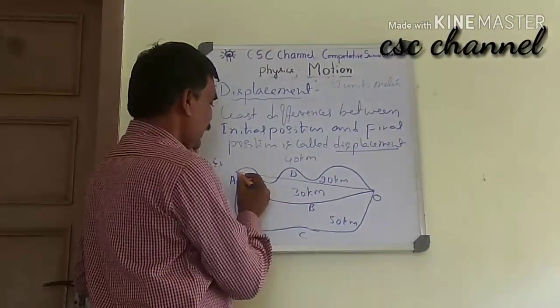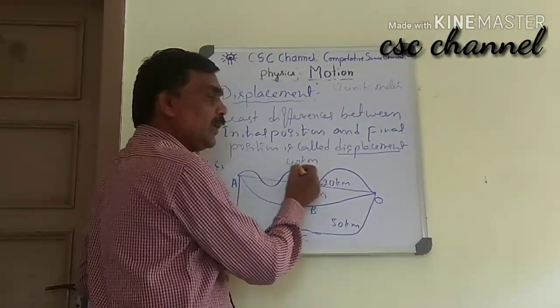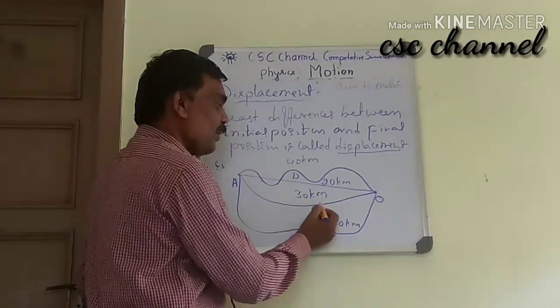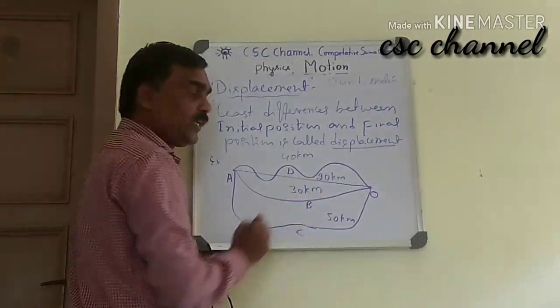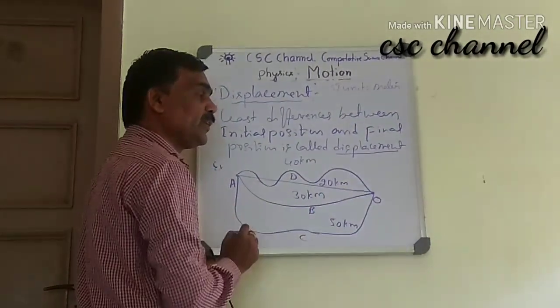For example, A travels 40 kilometer, so the distance traveled is 40 kilometer. B's distance traveled is 30 kilometer. C's distance traveled is 50 kilometer. And D's distance traveled is 20 kilometer.